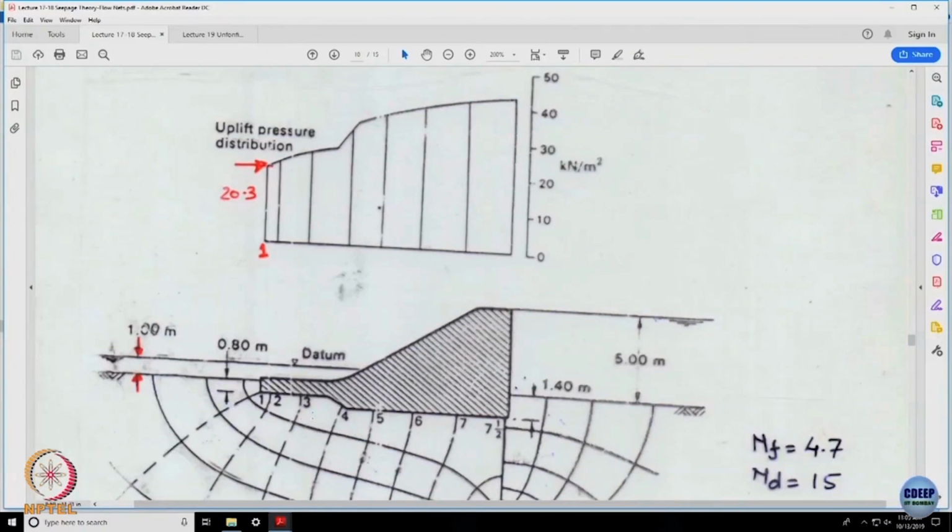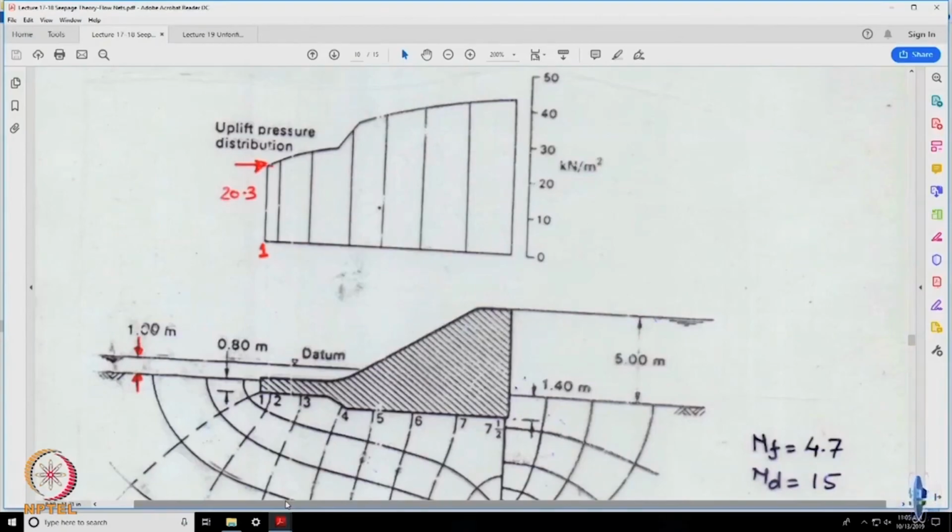It might so happen, suppose I want to find out the pore water pressure between 3 and 4, let us say some point 3 prime, what I will have to do? I will have to refine my flow net in such a manner that one of the equipotentials passes through 3 prime. So, in that case the whole flow net will get changed. This is what somebody was discussing yesterday, and I was talking about the precision of the flow nets, alright.